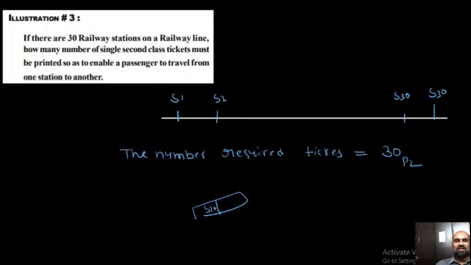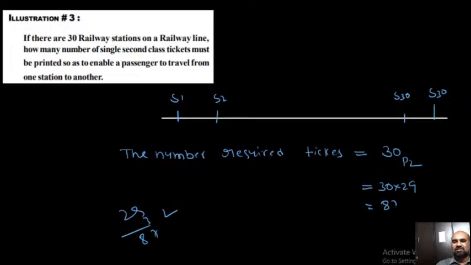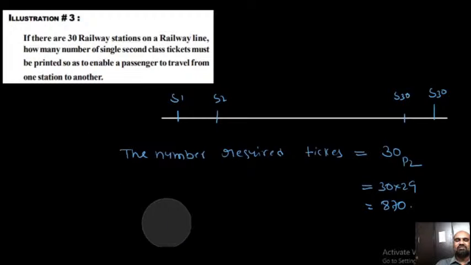By using the fundamental principle of counting or product rule, directly you can say the answer, or by using the linear permutation concept you can say the answer as 30P2. I don't want to simplify this, or you can simplify, that is not a big problem. 30 into 29: 9 3s are 27, 3 2s are 6, 7, 8, 870. So 870 tickets you can print.